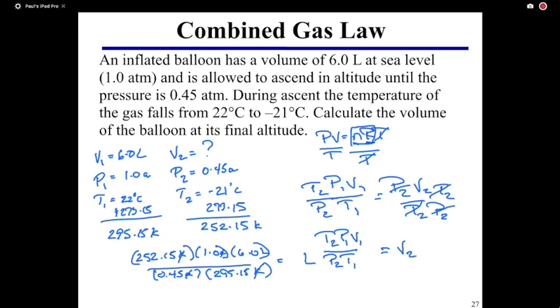Someone do that. Okay, so what did you get? 11.39, and the number of sig figs I should use? 11 liters.